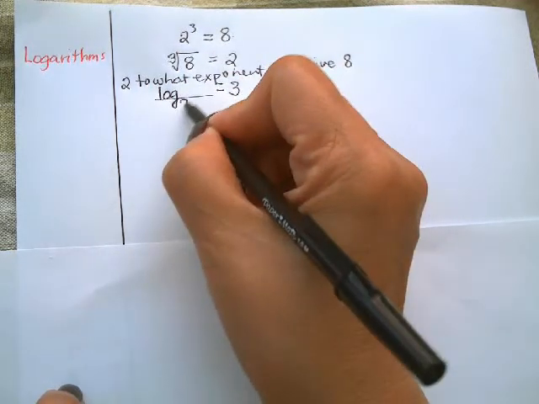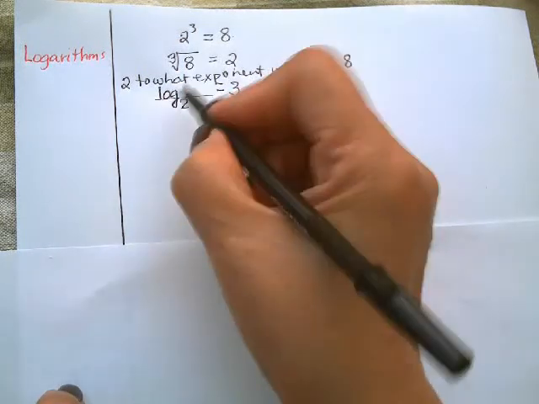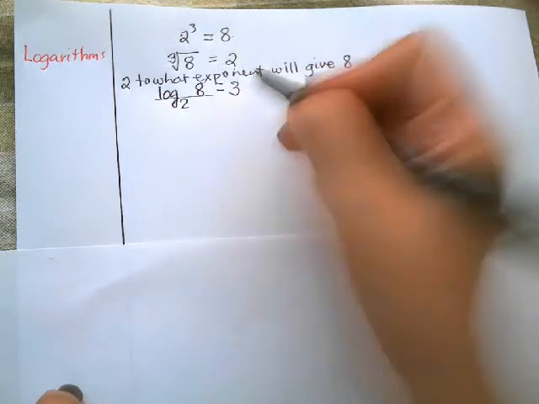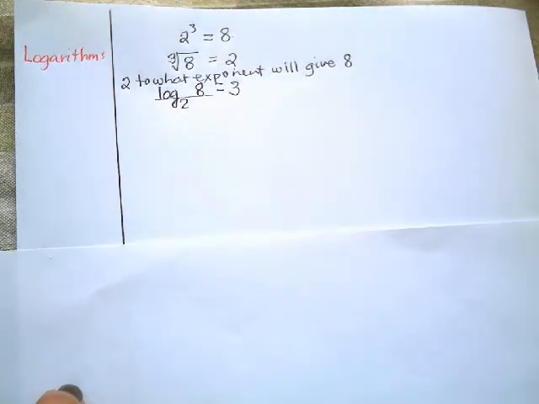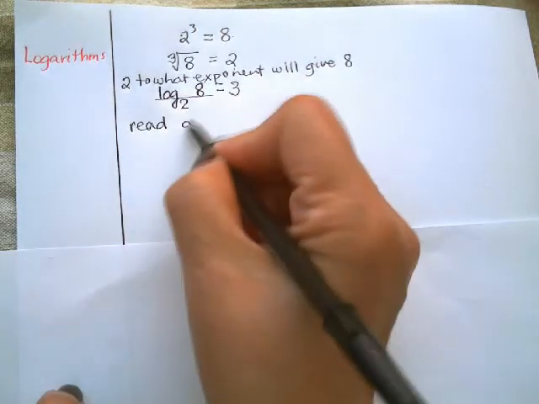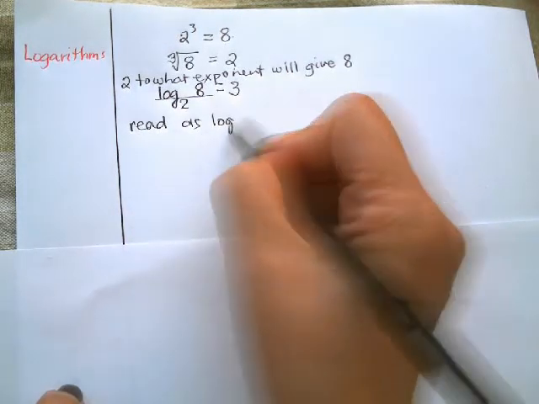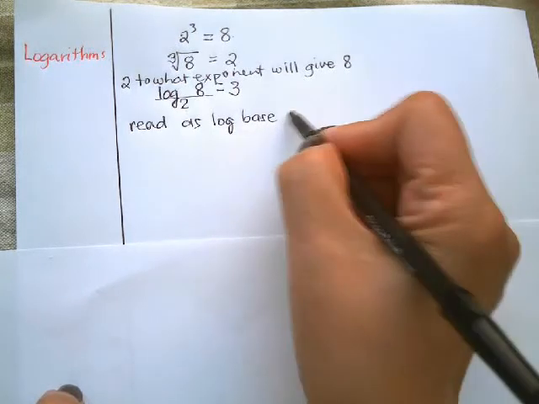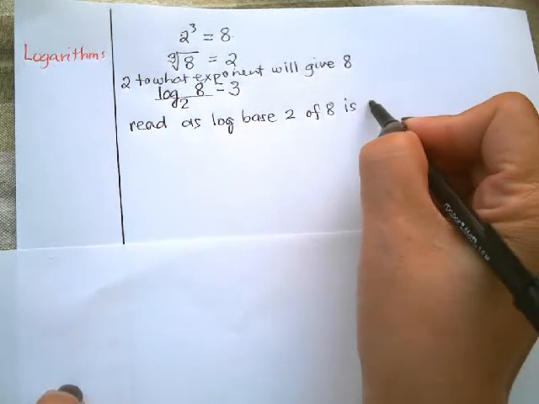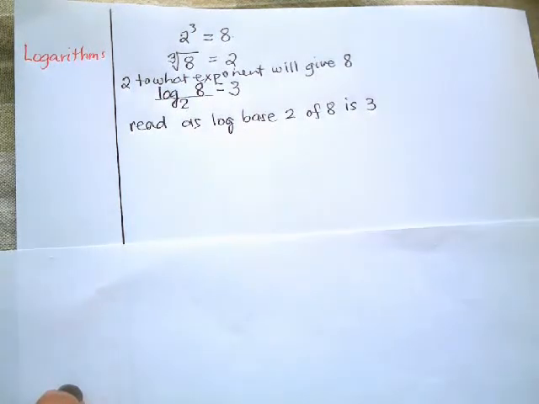The base is lower. Here it's sub 2. Log base 2 of 8 equals 3. That's how you write it. You read it as log base 2 of 8 is 3. That's the lesson.